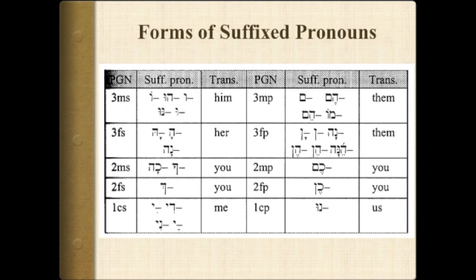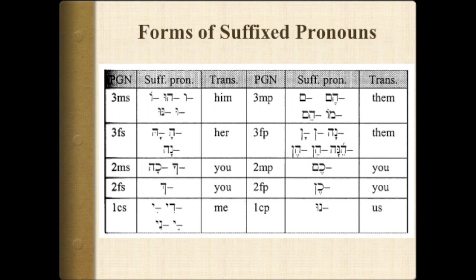There is a chart in Walker-Jones of all of the variations of all the person, number, genders that you will find attached. You don't really need to memorize these because, of course, the Bible software will show you whether or not something is a suffix, and it will parse it for you.